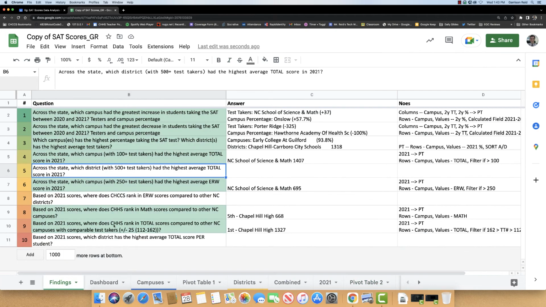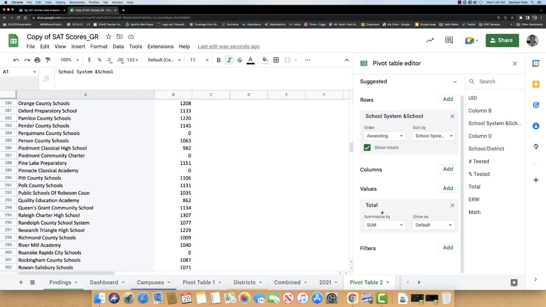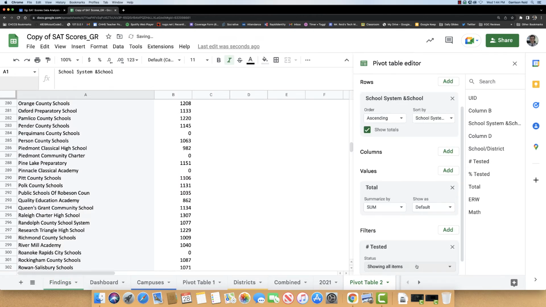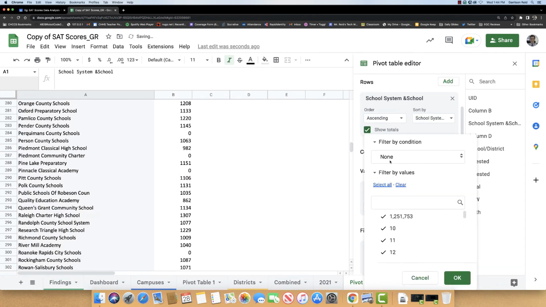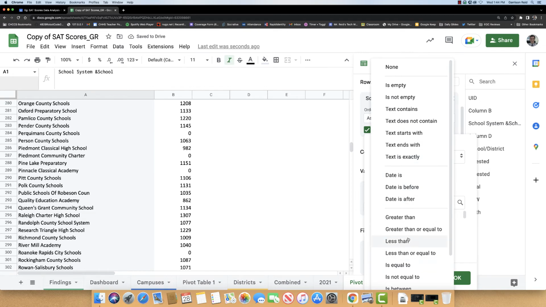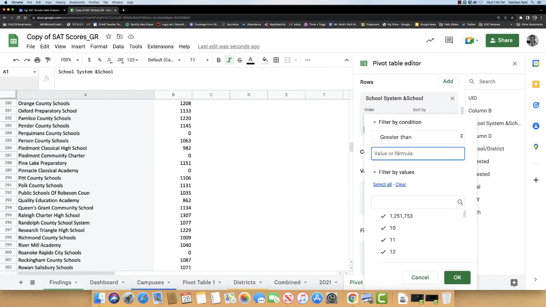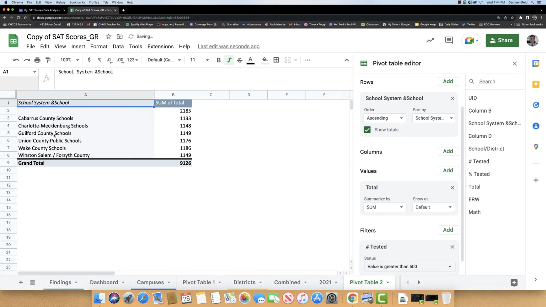The question was, which school district with over 500 test takers had the highest total? So in my pivot table, total, number tested greater than 500. Let's see what that does. And so I see the schools, and I want to sort that descending.